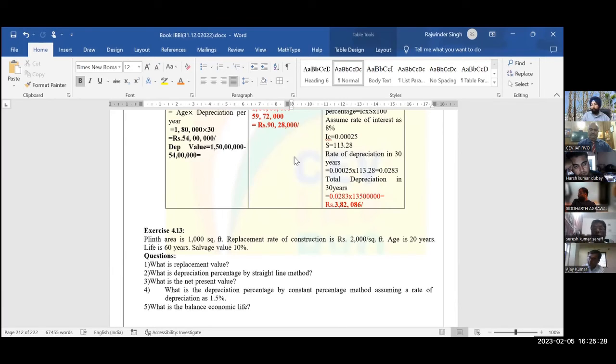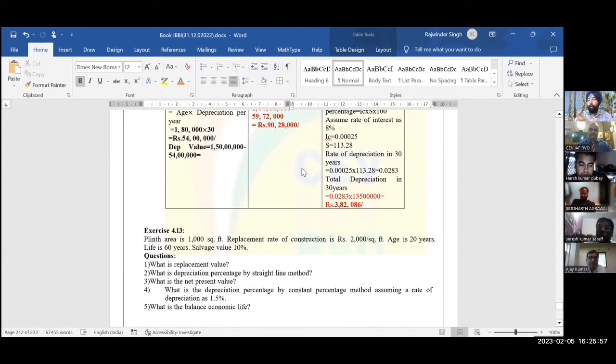Three or four things are important. One thing is that you have to compare the two properties. And for comparing the two properties, you have to find out comparable. And comparable should be of similar nature. If you are doing valuation for residential property, then the comparable should be residential property.